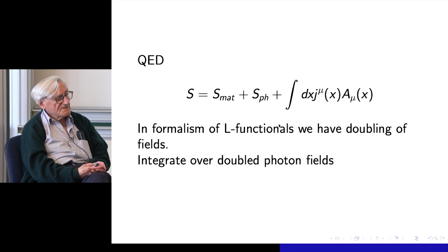You will get something that, as far as I understand, gives you the inclusive scattering matrix and doesn't have any divergences. And this is more or less what people expect in quantum electrodynamics.